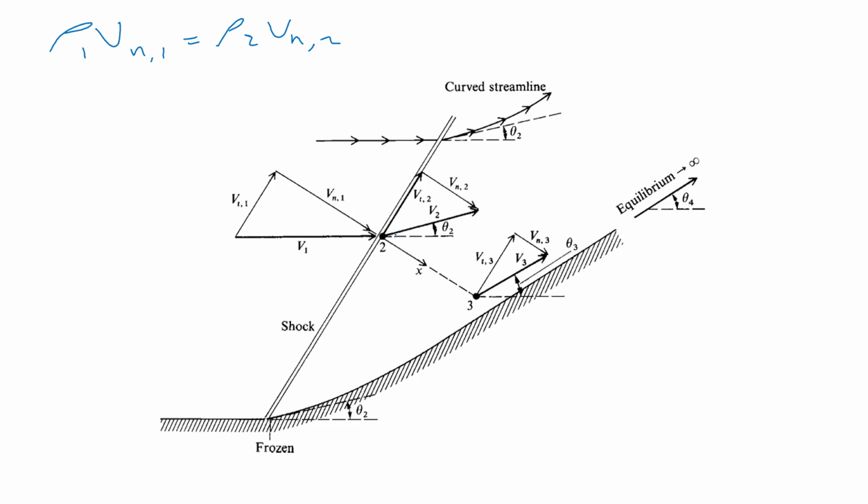So just after the shock, as it will be frozen, its normal velocity will be high. But as we move away from the shock, due to the non-equilibrium, the density rho 2 will increase.